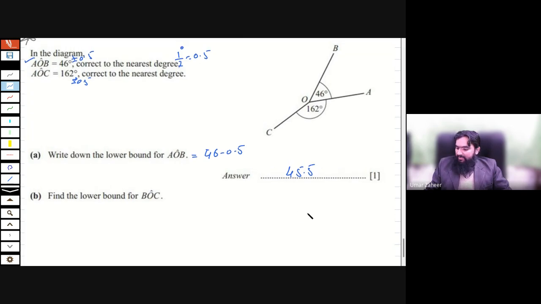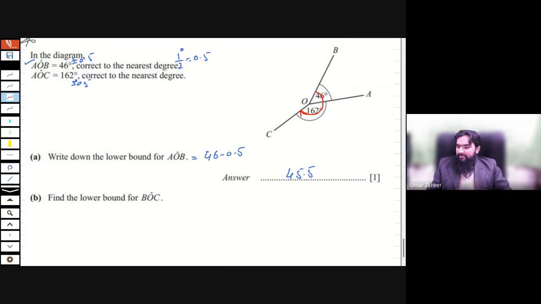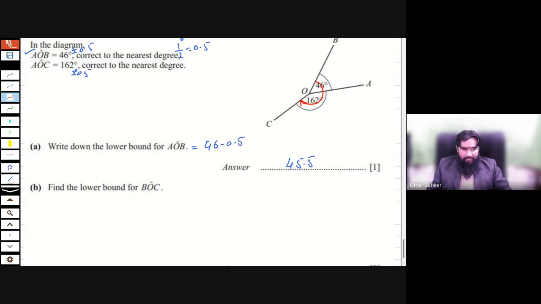And find the lower bound of BOC. Hopefully, he's going to talk about this one. So BOC, we have to find this angle. We have to find the lower bound.